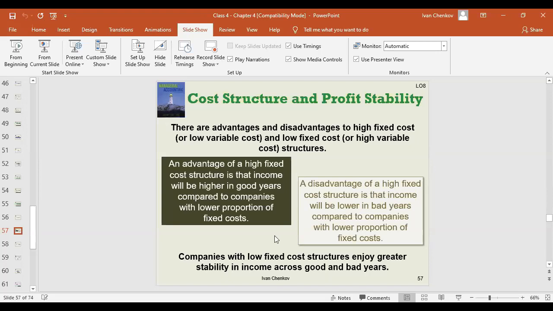But the key is the break even. However, if you lose one customer, you're losing the opportunity for that huge contribution margin. Make sense?